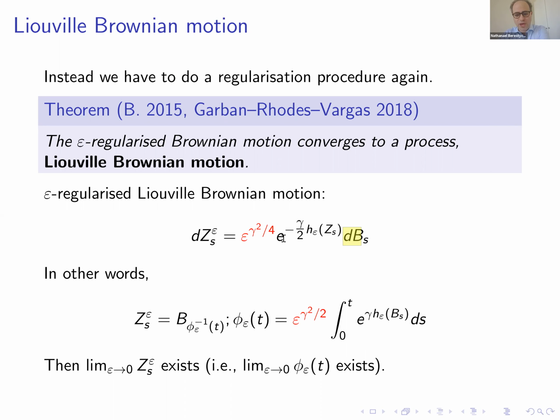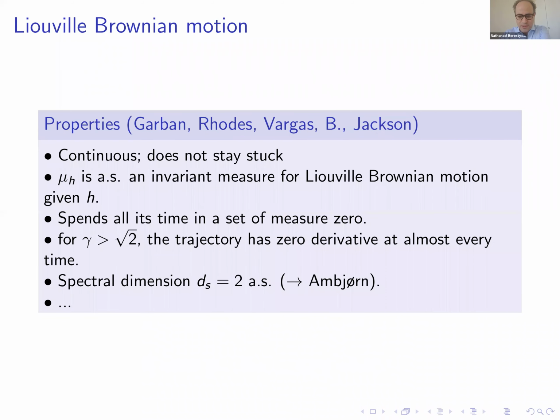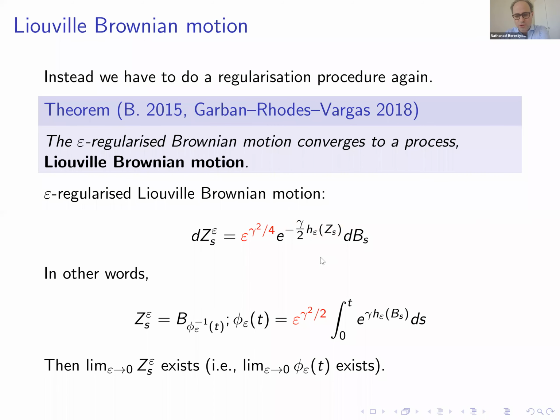And again, to give a rigorous meaning to this, you have to consider a modification of the Gaussian free field. The appropriate way to normalize turns out to be given by this factor here, epsilon to the gamma squared over 4. And the theorem is that if you do that, then as epsilon tends to 0, this epsilon-regularized Liouville Brownian motion really has a limit.